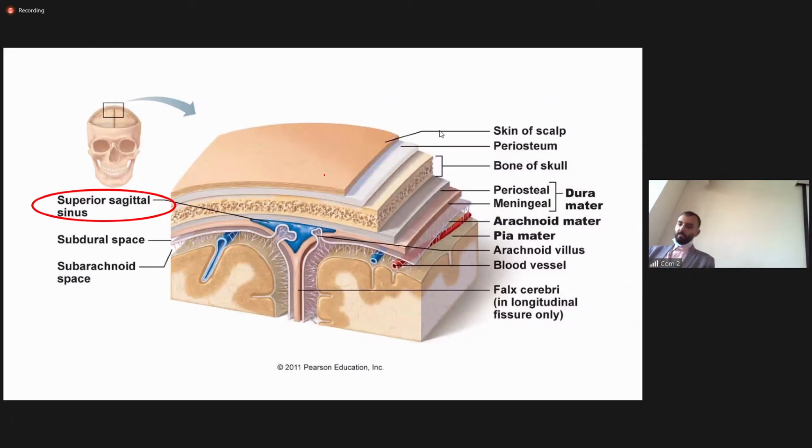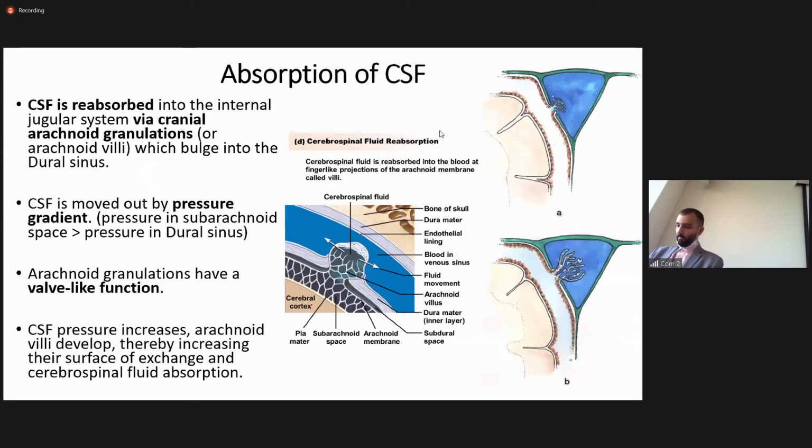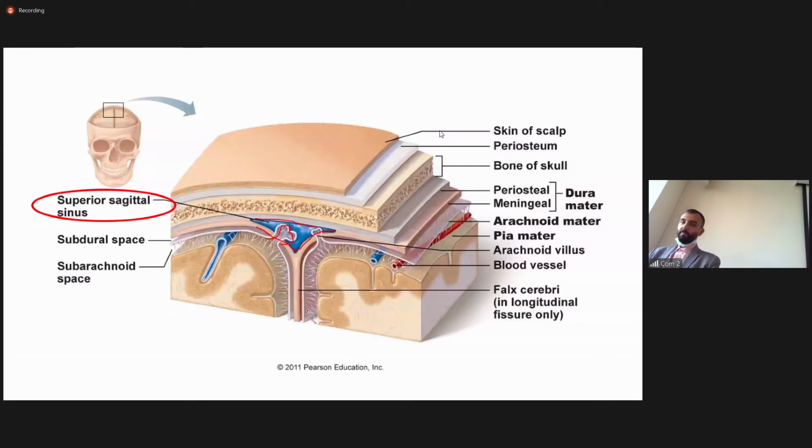So as you can see here, it will be traveling in the subarachnoid space, then it will exit into the superior sagittal sinus, which is the large vein located on the top of the brain here, where it will be traveling back to the heart to be pumped again for reoxygenation, as we will see.